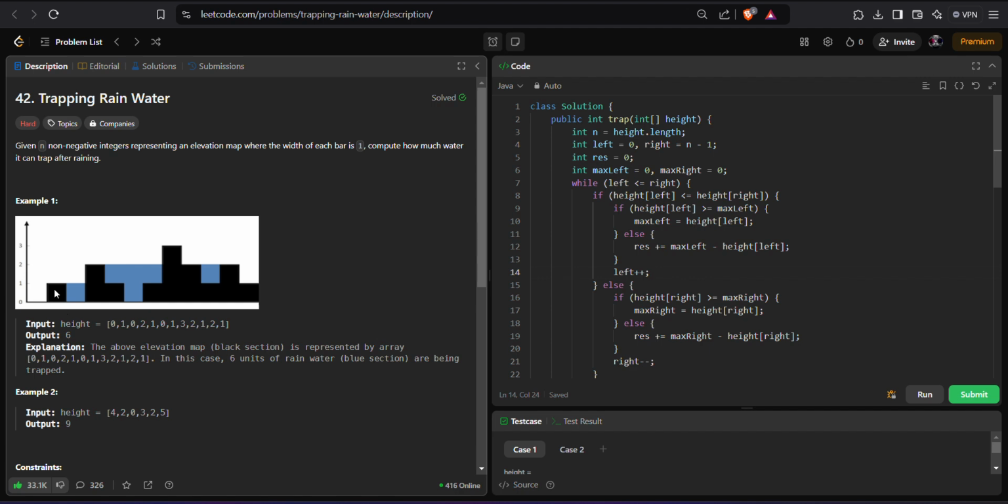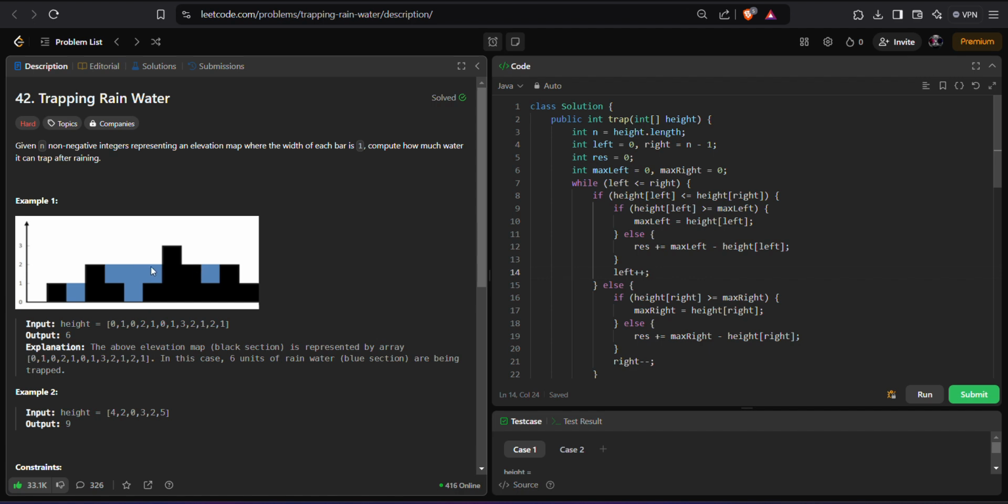For every unit of water stored, it is stored because of both the bars that are present on the left as well as the right. So the level of water stored in a particular bar area would be equal to the minimum of either the left or the right.